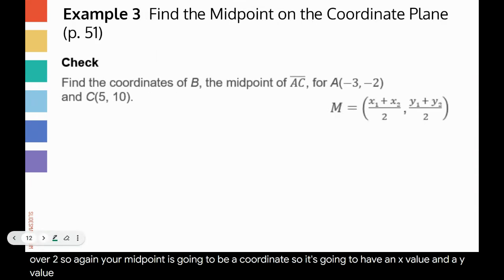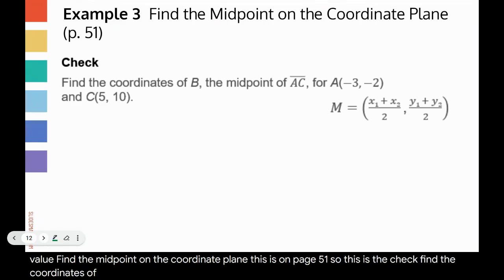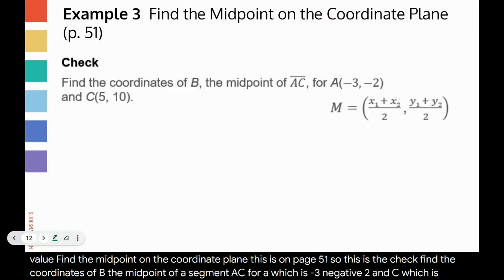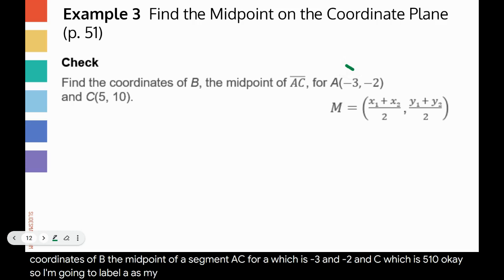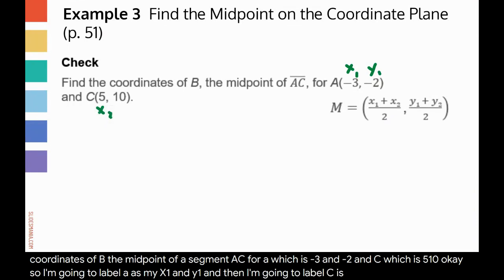Okay, example 3, find the midpoint on the coordinate plane. This is on page 51. So this is the check. Find the coordinates of B, the midpoint of segment AC for A, which is (-3, -2), and C, which is (5, 10). So I'm going to label A as my x1 and y1, and then I'm going to label C as x2 and y2.